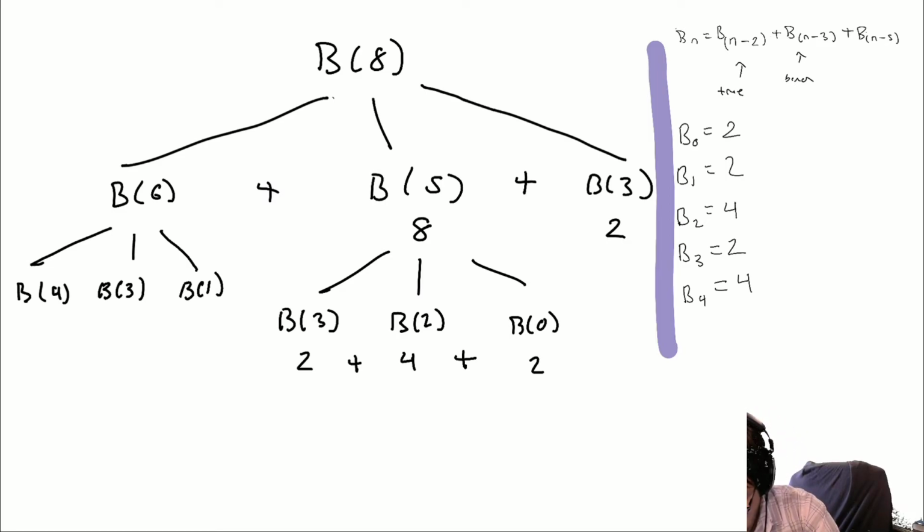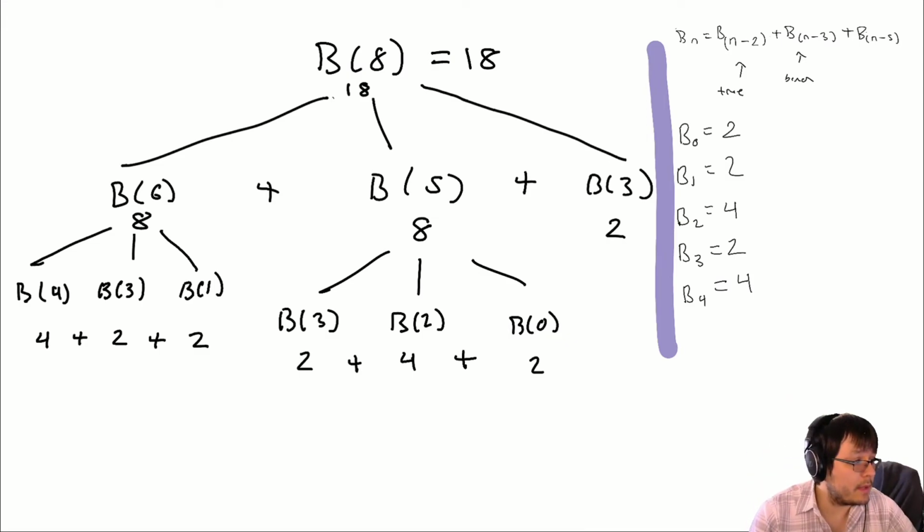B of 4 is going to be 4 plus B of 3, which is 2, plus B of 1, which is 2. This is also equal to 8. Finally, B of 8 is equal to 8 plus 8 plus 2, which is 18. And there you go. We have now solved B of 8.